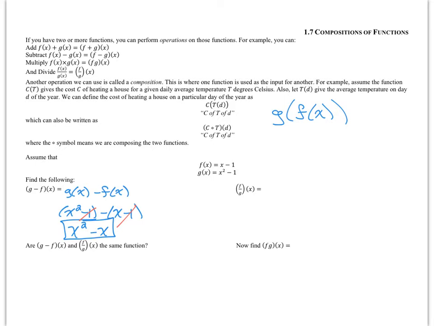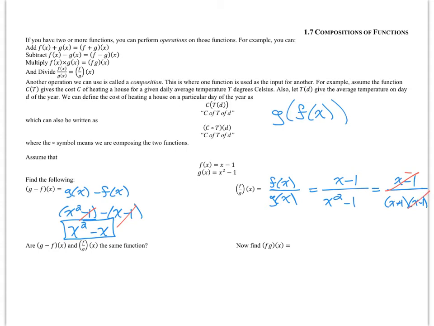Next one, f over g of x is f of x over g of x, which is x minus 1 over x squared minus 1. We do want to simplify here. So we have a rational expression, we want to simplify. The way you simplify a rational expression, if you remember, is to factor the top, factor the bottom. Top doesn't factor. Bottom factors as, we've got x minus 1 over x plus 1 times x minus 1.